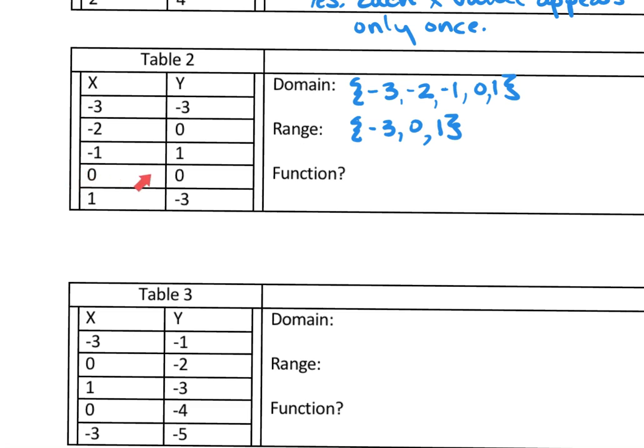And even though 0 goes to 0, these two guys can go ahead and carpool and take a car together to get to the same location. And so that's okay. And so, yes, this is a function. And again, we say each x value appears only once.